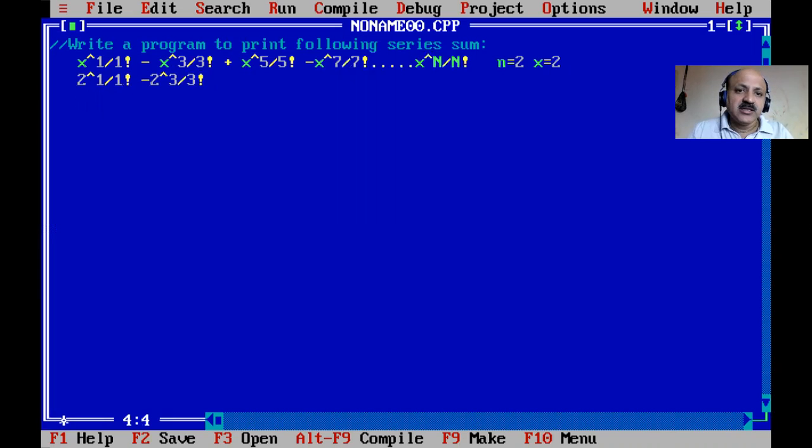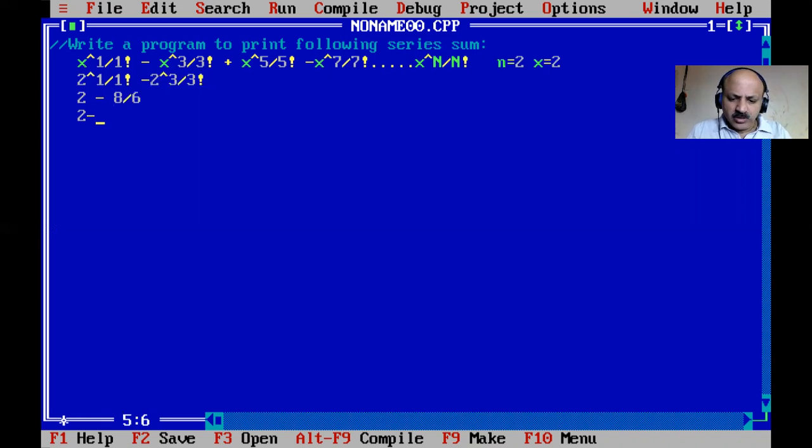First apply the 2 terms only: 2 raised to 1 is 2, and 1 factorial is 1, so 2. Then minus 2 raised to 3, that is 2 times 2 is 4, 4 times 2 is 8, divided by 3 factorial, that is 6.